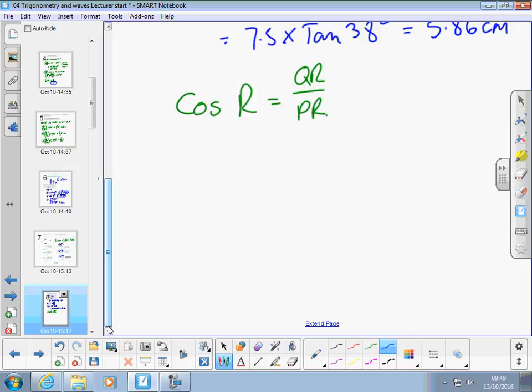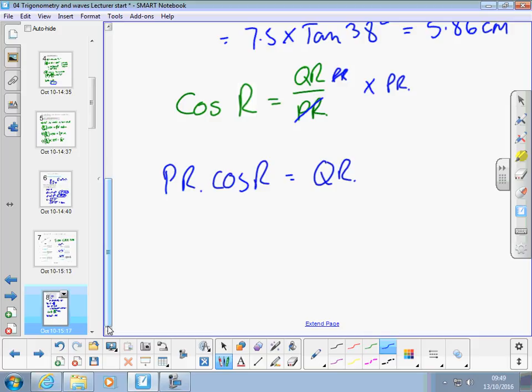How could I make PR cancel out here? Yeah, multiply by PR. Because then that would become QR PR over that, and they would cancel out. Yeah, so we've got to go like this. PR cos R is equal to side QR.